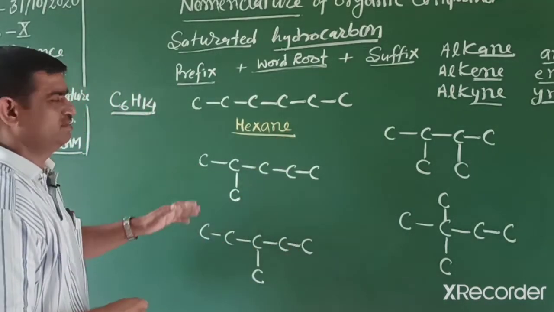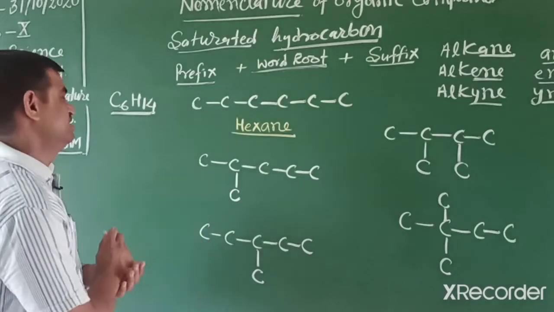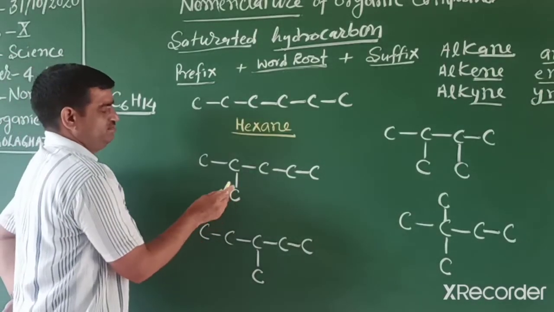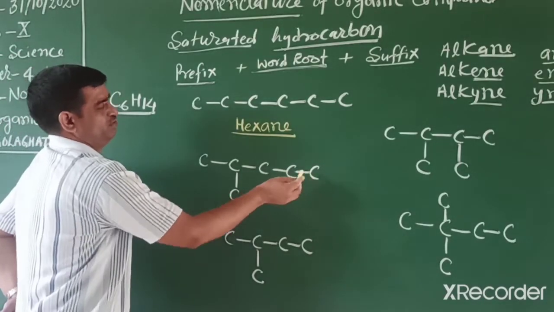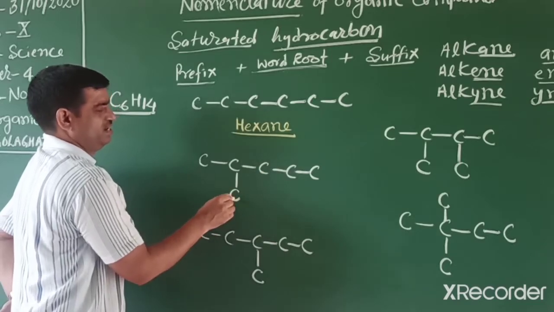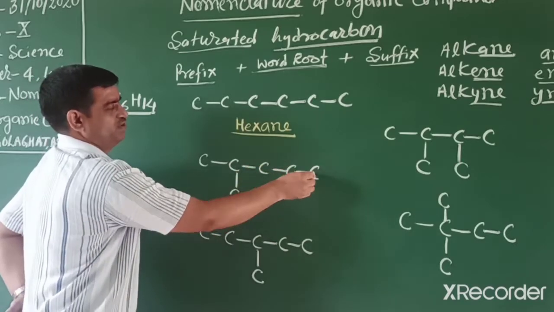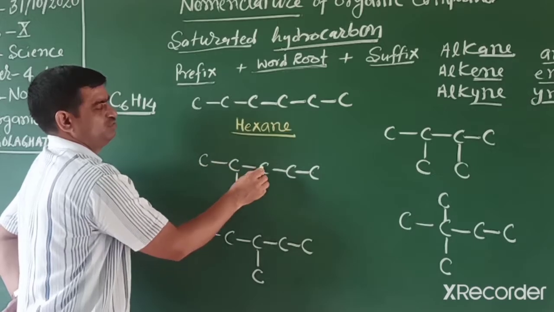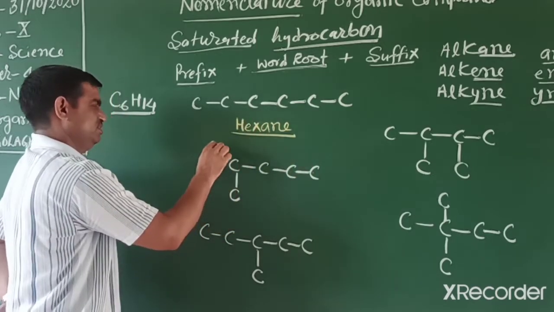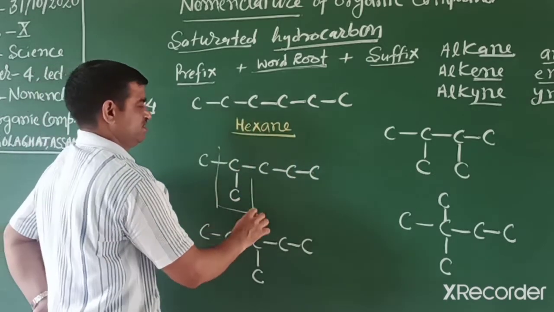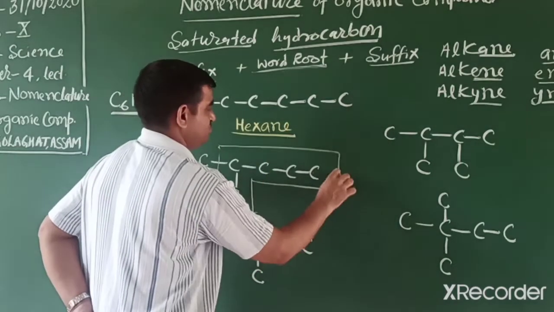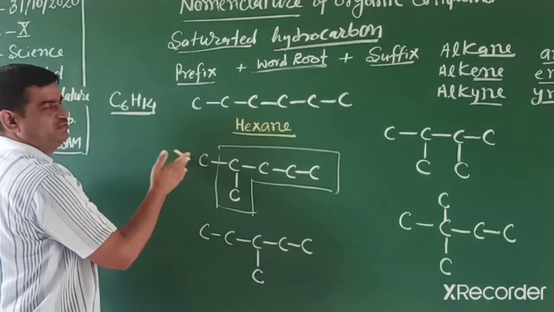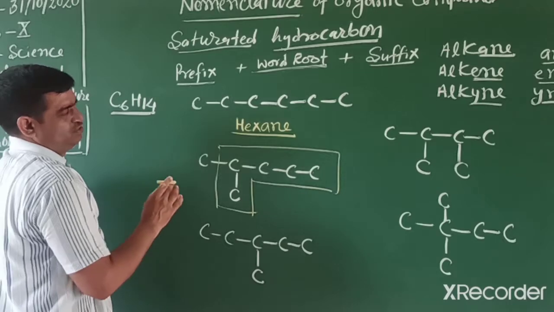Next compound. Sometimes it is called normal hexane, meaning a straight line. In this compound, we start from the 3 point only. Either you can start this side, 1, 2, 3, 4, 5, or 1, 2, 3, 4, 5. If we take this as the main chain, then this one is a substituent. Where do we start?